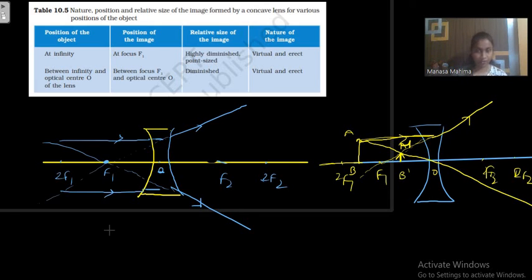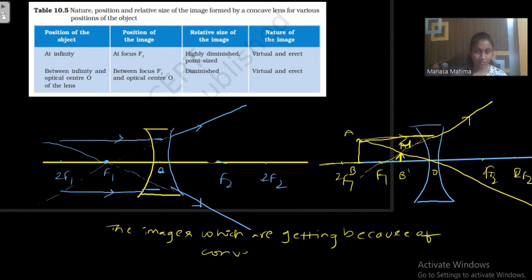One more point you have to keep in mind, which is very easy to remember. The images which are formed because of convergence are called real images. Whatever images we see in the convex lens are called real, correct?